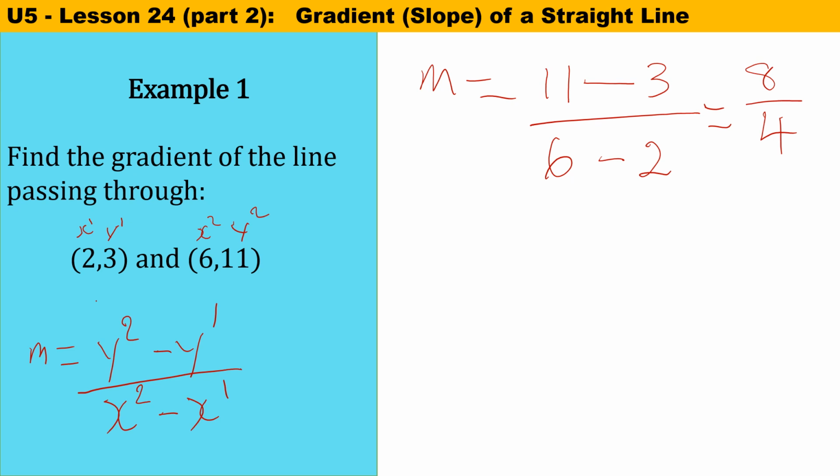From here, you simplify: 4 into itself 1 time, and 4 into 8 is 2 times. And that tells you that m equals 2. Pretty simple. Still lost? Let's move on to example 2.